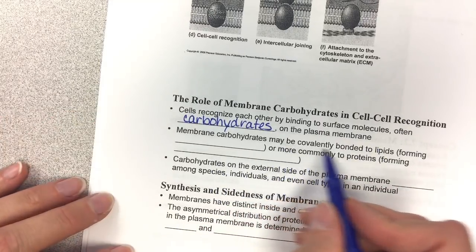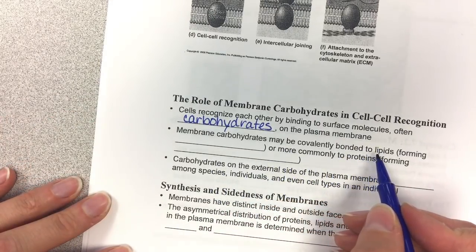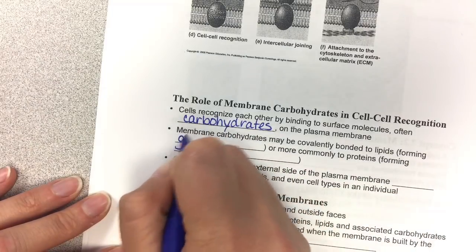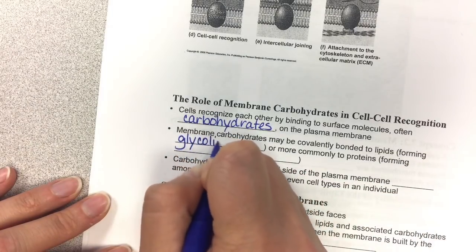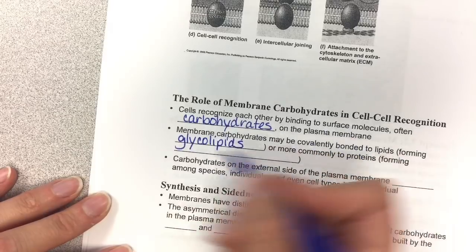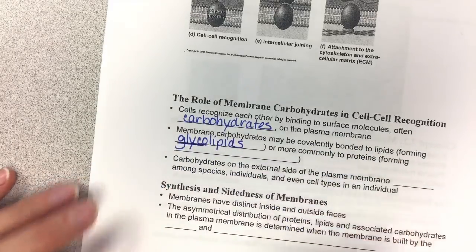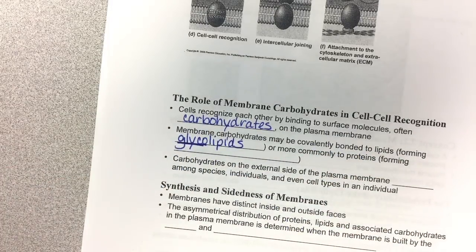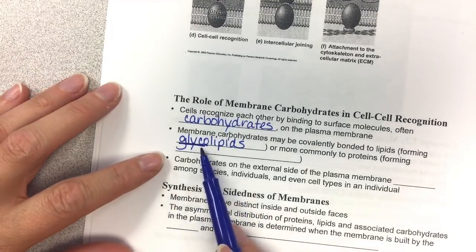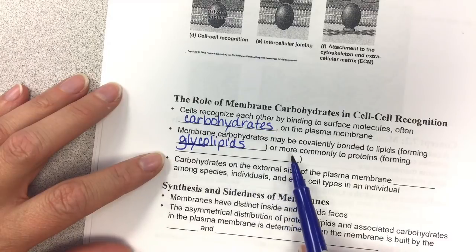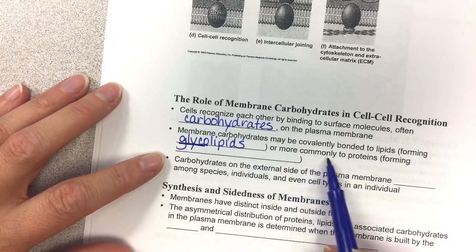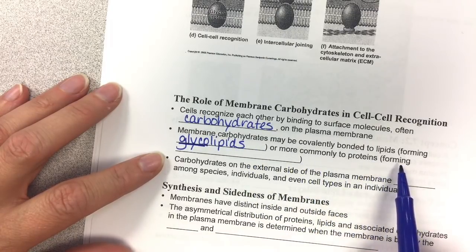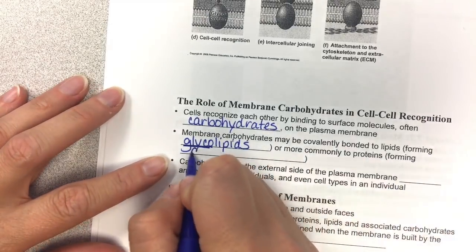Membrane carbohydrates may be covalently bonded to lipids, forming what are called glycolipids. So glyco in front of something means it refers to carbohydrates. So if it's a lipid that has a carbohydrate attached, it's a glycolipid, or more commonly, the carbohydrate can be attached to proteins forming, what do you think we call those? Glycoproteins.